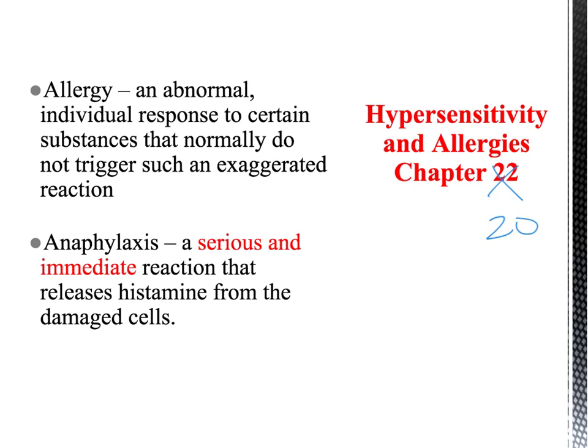So you would have to take medication such as antihistamines to prevent that kind of reaction from occurring. But if it's something such as peanuts or a medication that you're allergic to, just avoid it. Don't take it. That's the best way to not have this occur.